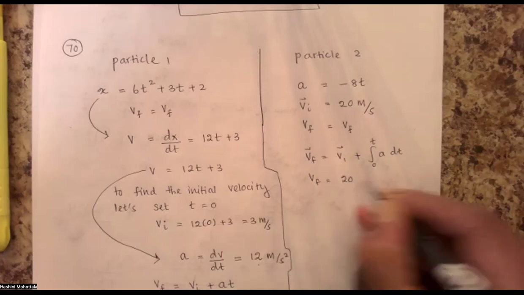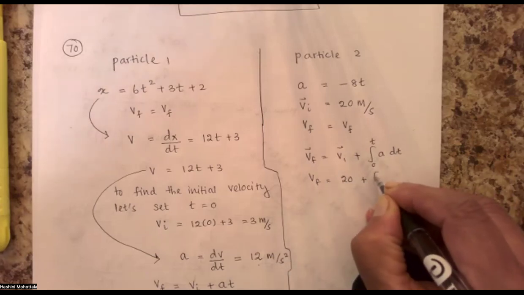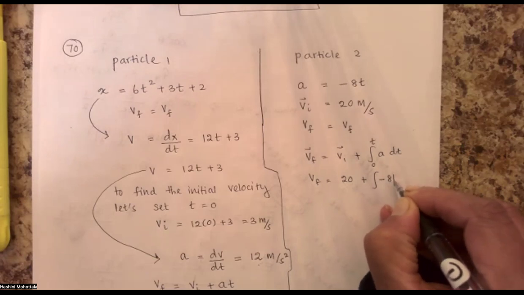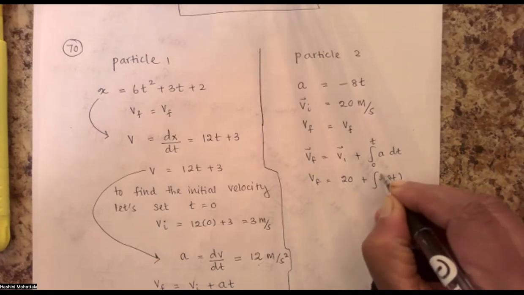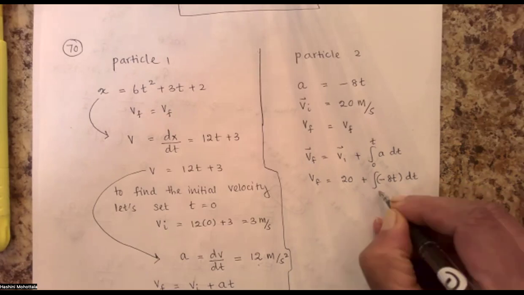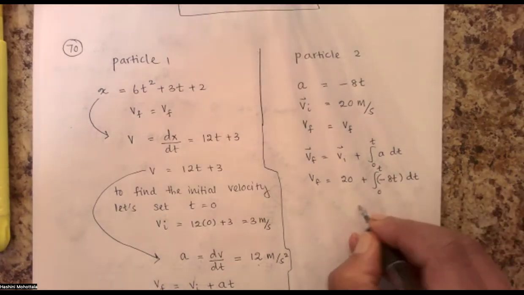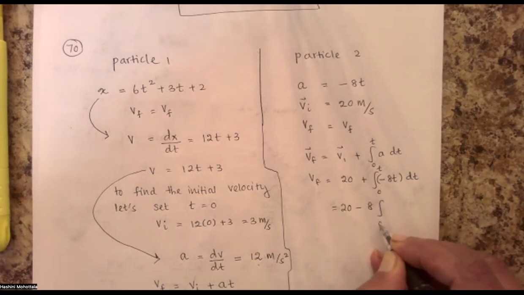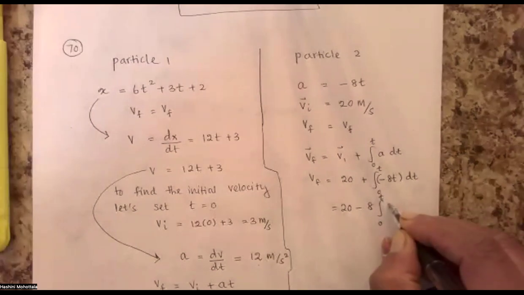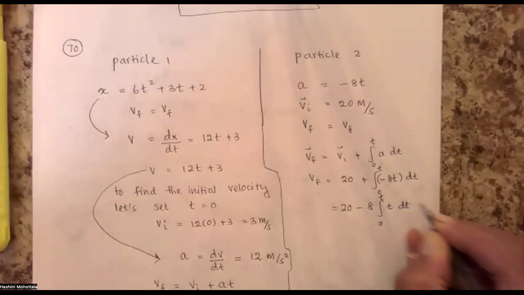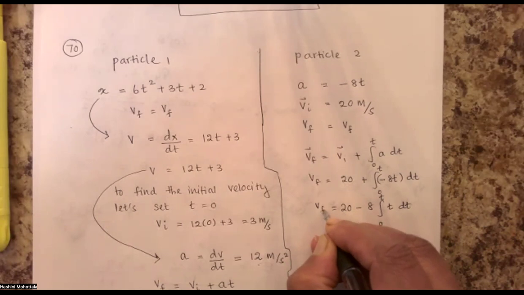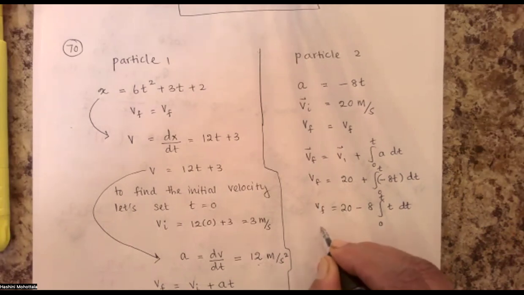Initial velocity is 20 plus the acceleration, negative 8t, and dt going from 0 to t. So you pull out the negative 8. I am doing that because I have a couple of students who have not seen integrations yet. Other students, you can immediately write the final answer.